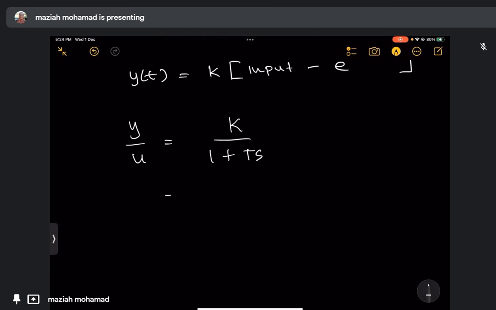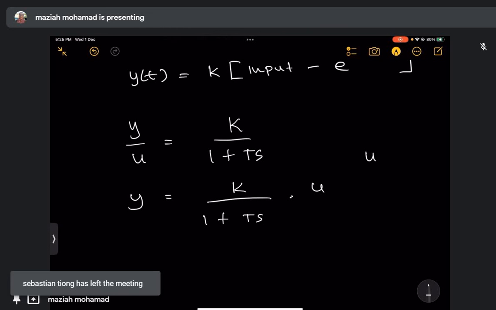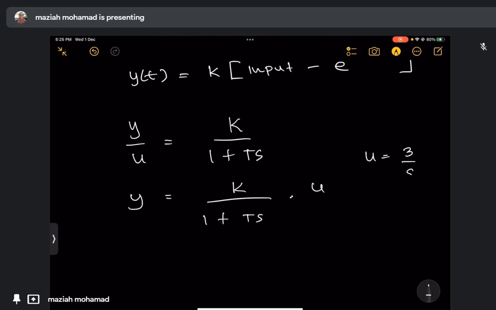Okay, so now Y is K over 1 plus TS multiplied with U. So U is not unit step input, but now U is 3. So U is 3 over S. Okay, so we have K over 1 plus TS multiplied with 3 over S.